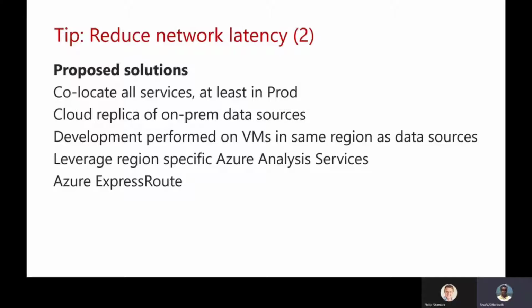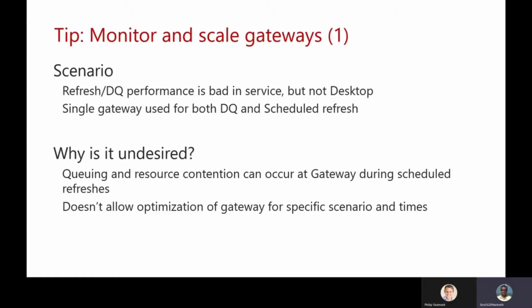Okay, so these are some recommendations. Co-locate the services, see if you can get Azure ExpressRoute. The core intent is to reduce the network latency overall. Okay. Now the third area is related to gateways, right? You want to make sure that your gateway machines are set up with the right configurations.